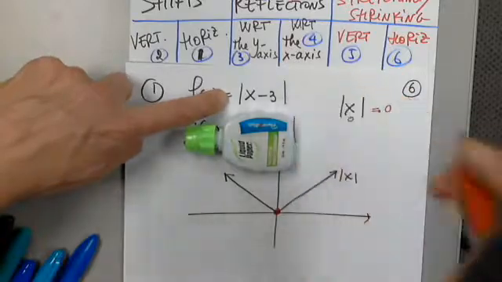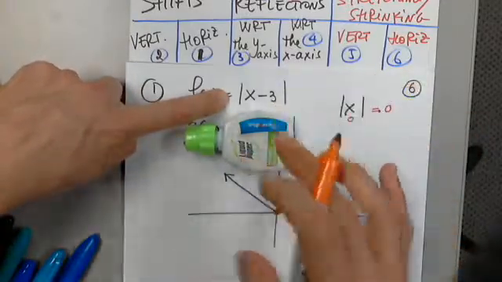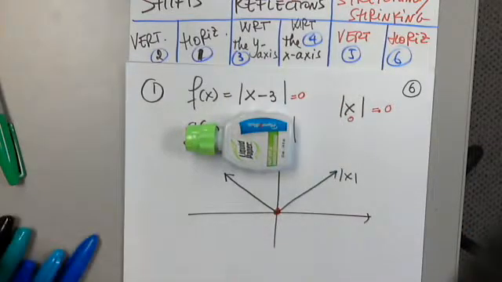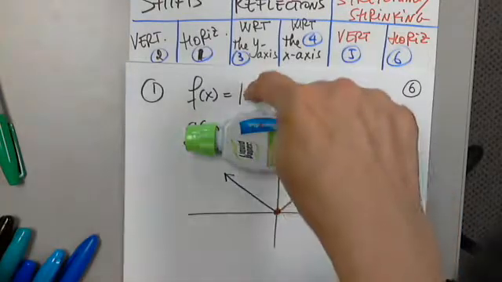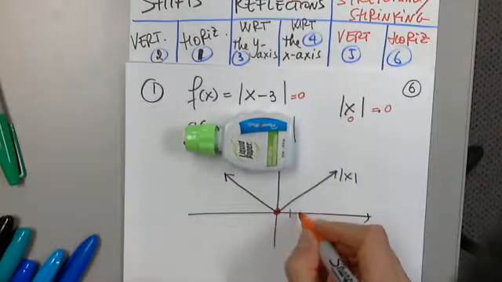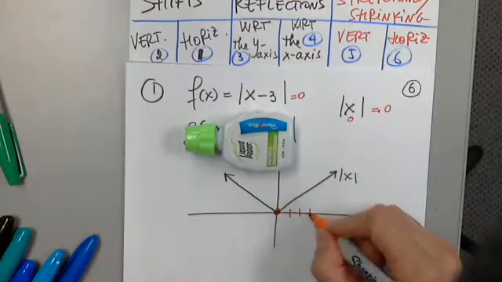Now, what if I set this equal to 0? Where will this go? Which minus 3 is 0? That's the reason why this graph is a horizontal shift of 3 units to the right.